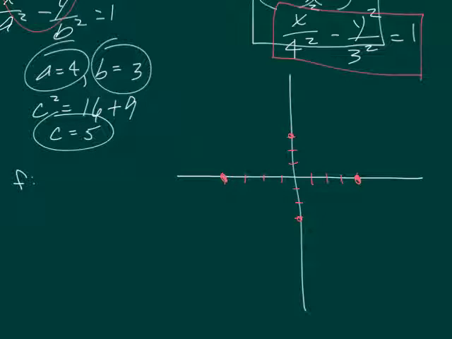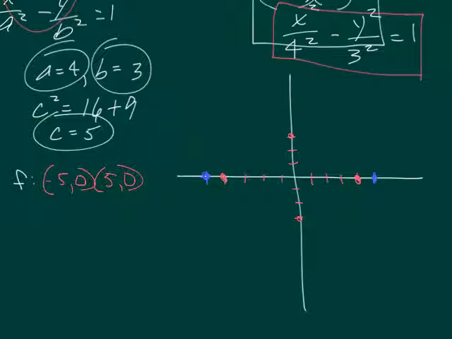But I also know that my foci is at negative C, 0, negative 5, 0, and at 5, 0. So let's go ahead and put those on there in blue. They're going to be there, in there.